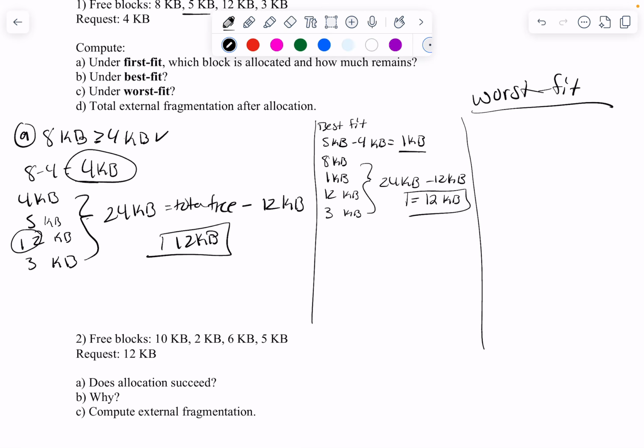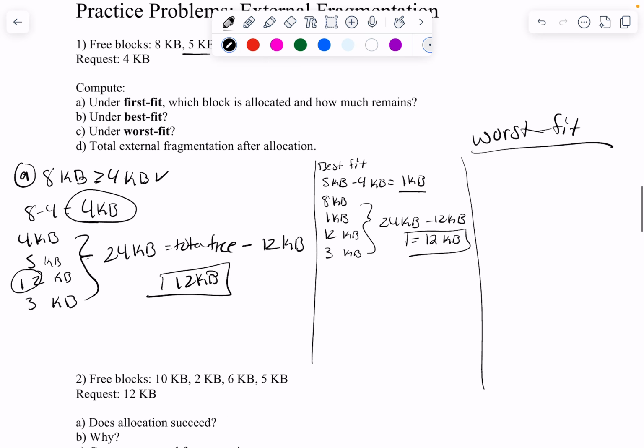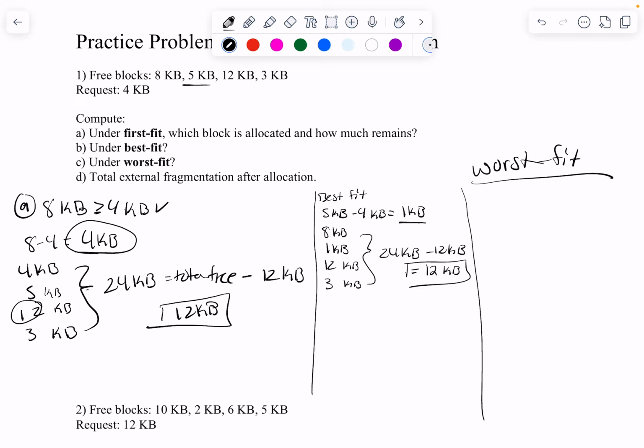Okay. For worst fit, we're going to pick the largest free block available and we're going to allocate that. Now, if we look at our original list, 8, 5, 12, and 3 kilobytes, the largest block here is going to be 12. So we're going to use that for the worst fit.